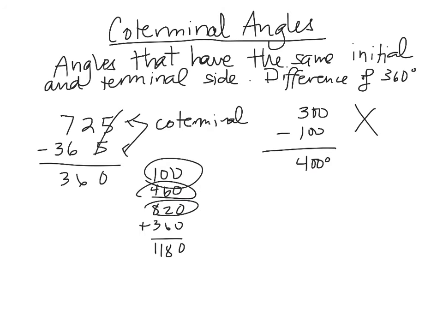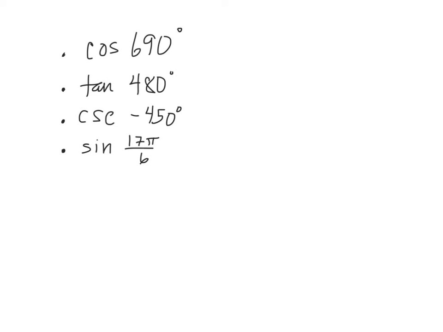All these angles are coterminal to each other. All right, so we're going to try and solve these four problems. We want to evaluate cosine, tangent, sine, whatever the trig function is at these specific angles.